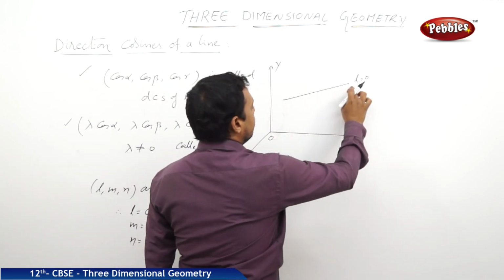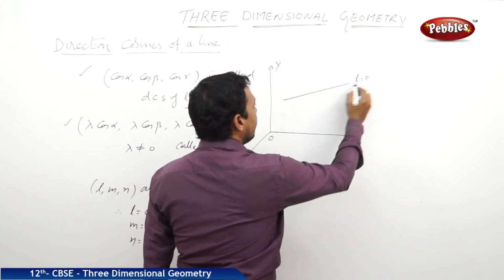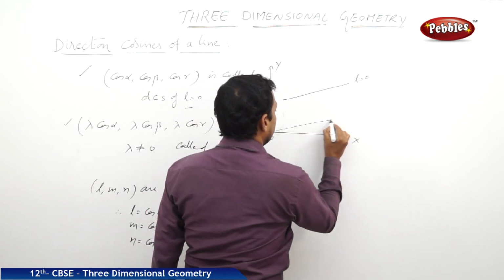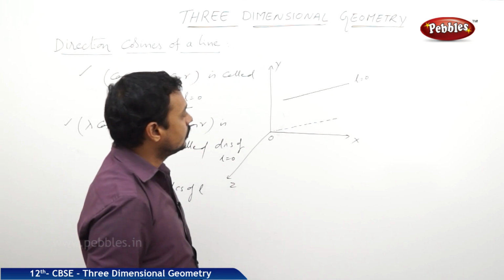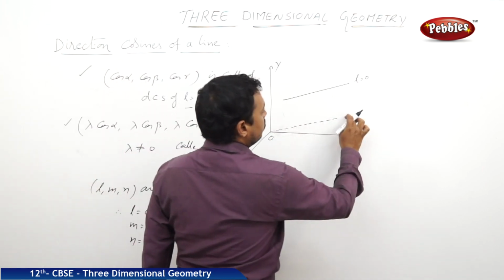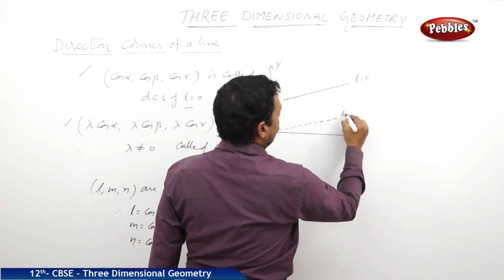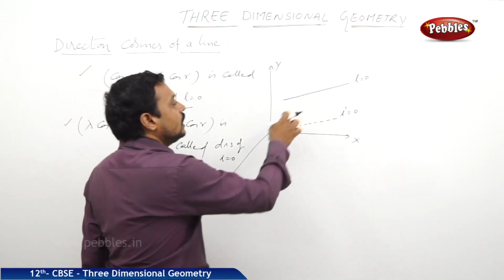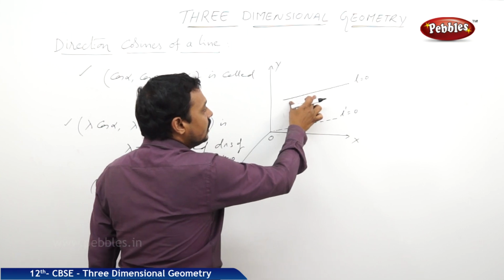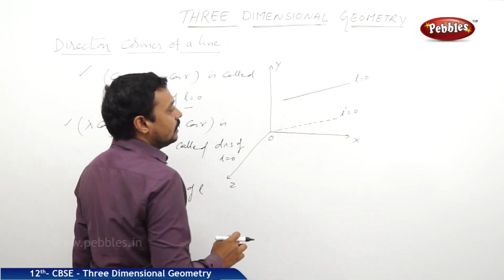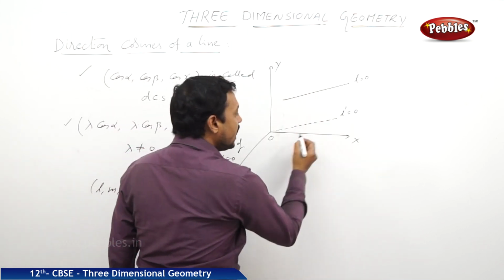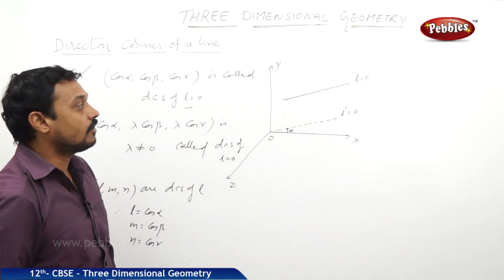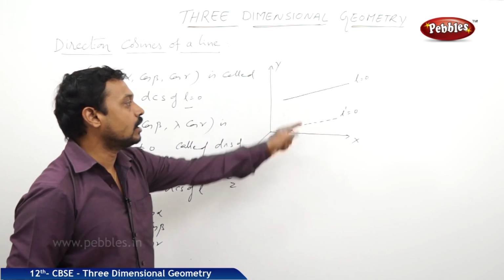We can take a line which is parallel to L equal to 0 and passing through the origin. Let it be some L dash equal to 0. If the line L makes an angle alpha with the x-axis, then L dash also makes the same angle alpha with the x-axis. Why? Because these two are parallel lines.